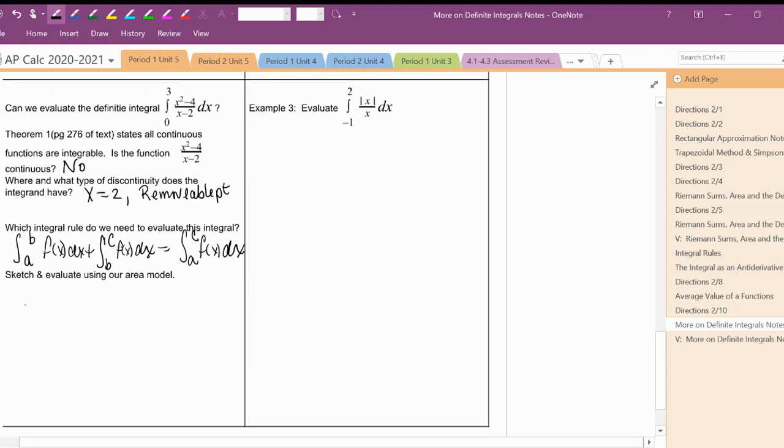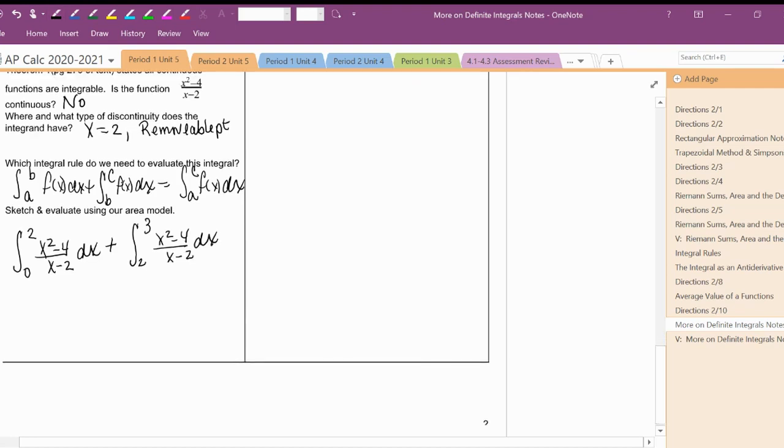So our model will look like 0 to 2 of x squared minus 4 over x minus 2 dx, and 2 to 3 of x squared minus 4 over x minus 2 dx. And then we're going to use our area model.